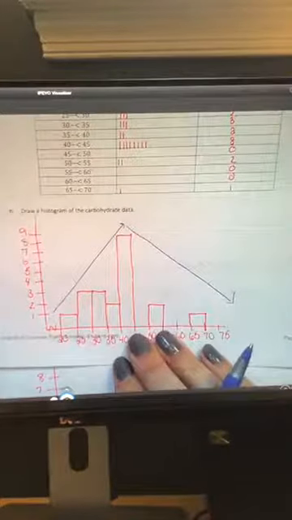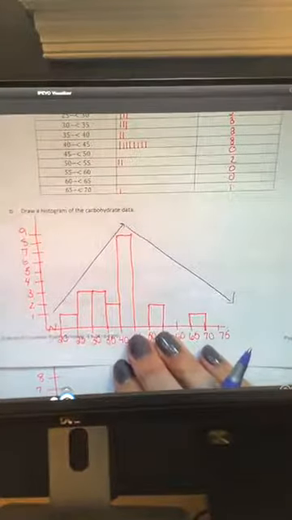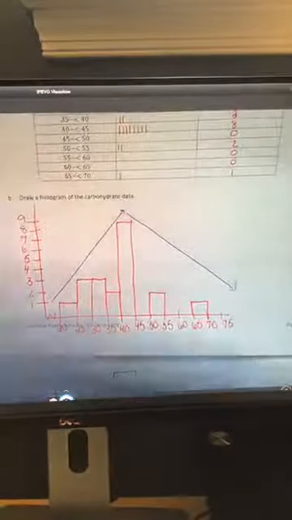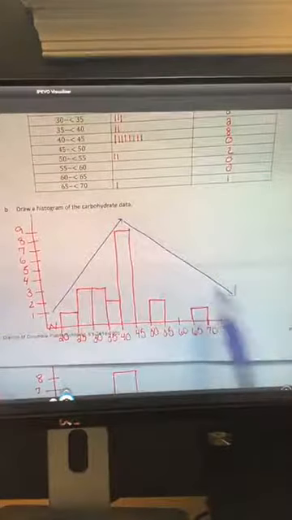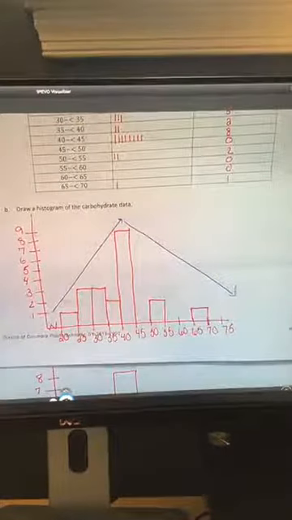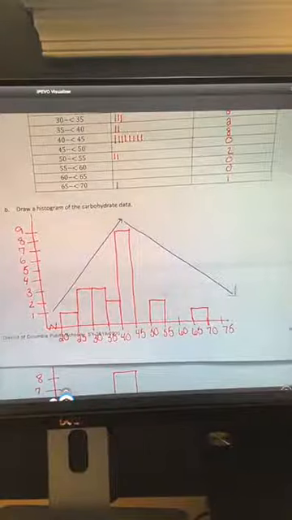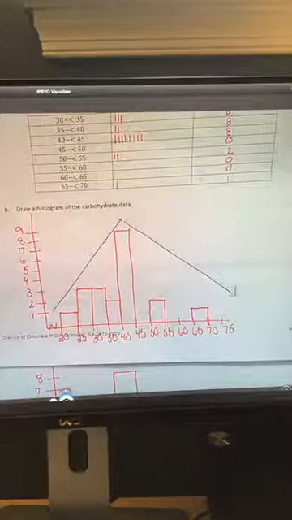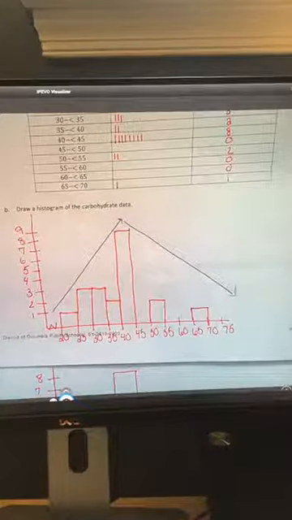So what type of shape is this? If this is our histogram, is it right skewed, left skewed, or symmetric? So what is the shape of this histogram? Is it right skewed, left skewed, or symmetric?